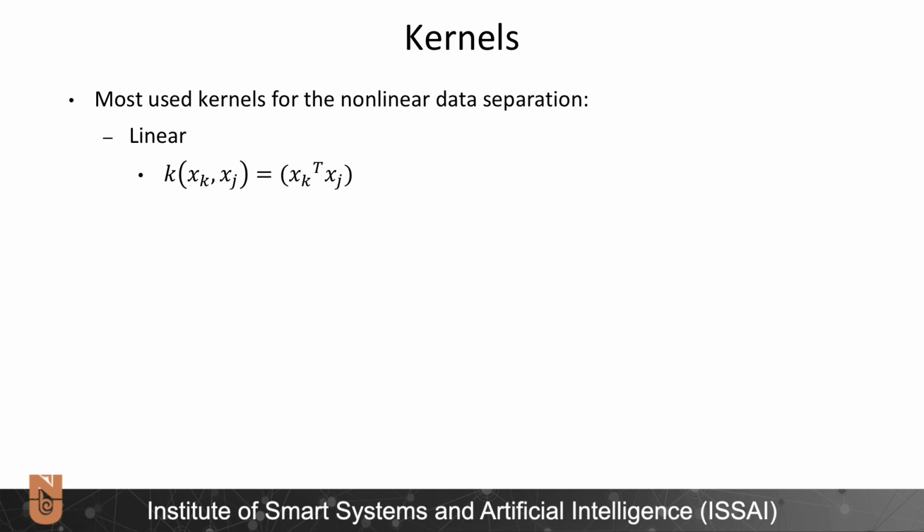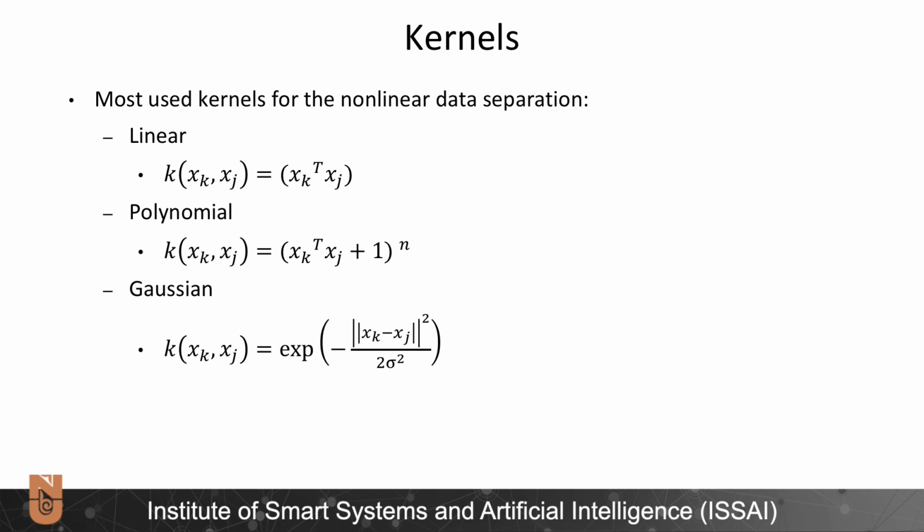So kernels help to transform the given data into another space, which can be used for SVM classification or regression. The most popularly used kernel functions are linear kernel, polynomial kernel, Gaussian kernel, or hyperbolic tangent kernel. There are also a lot of other kernels that can be used depending on the task.